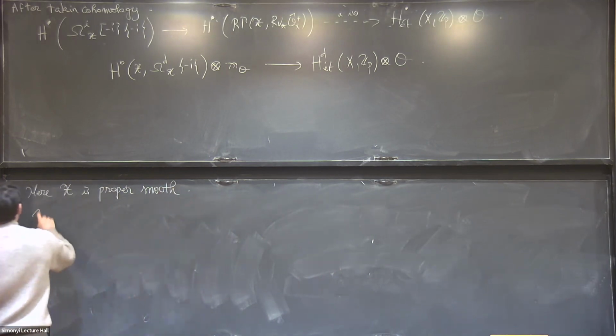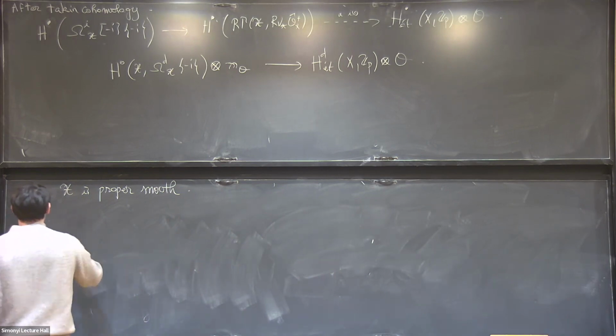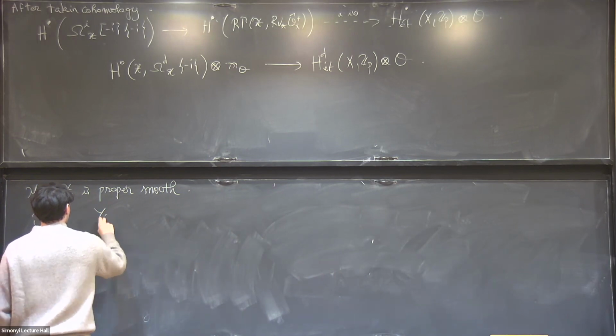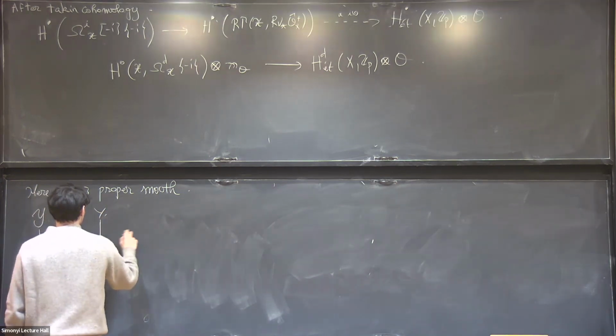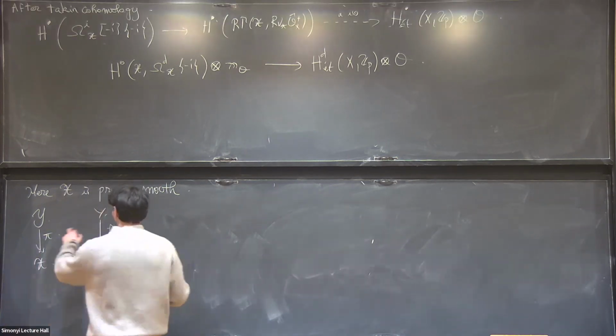But now let's say that I have y above x, and this map, I call it pi, and on the generic fiber y to x, let's say this is finite.